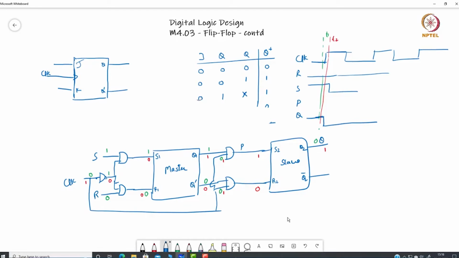If J is 0 and K is 1, then the output is 0, and when J is 1, K is 0, the output is 1.